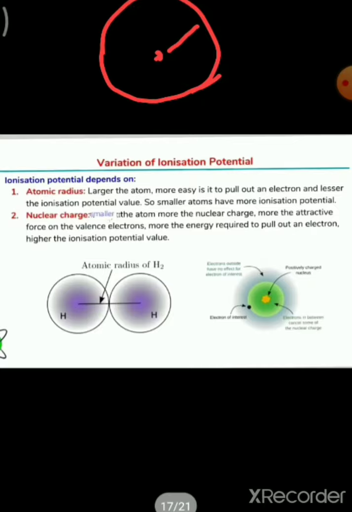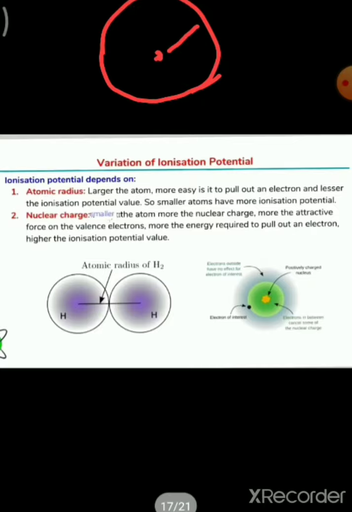That means there is no need to put in more ionization potential. If you put in less energy, we can remove the electron from the outermost orbit. So remember, larger the atom means your atomic radius will be more and your ionization potential value will be lesser.